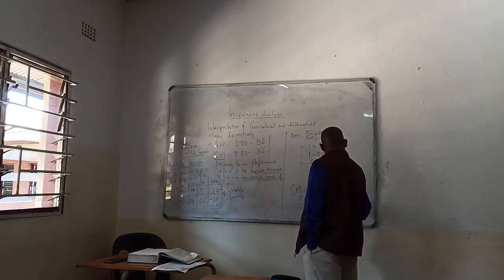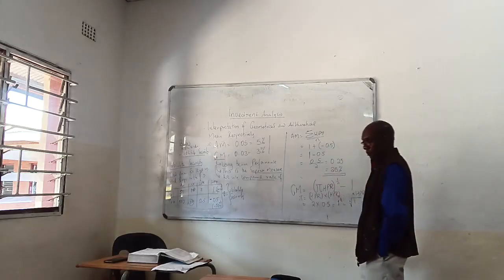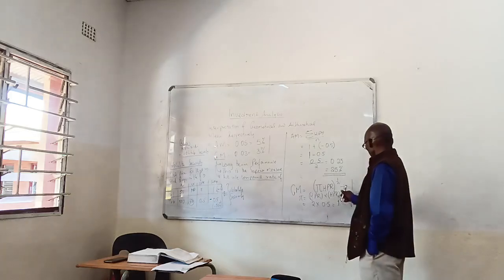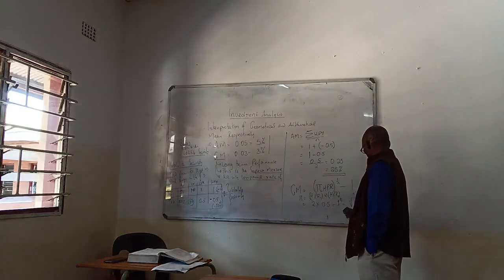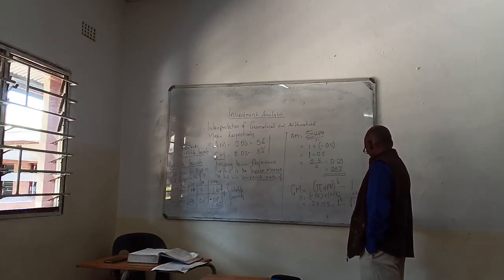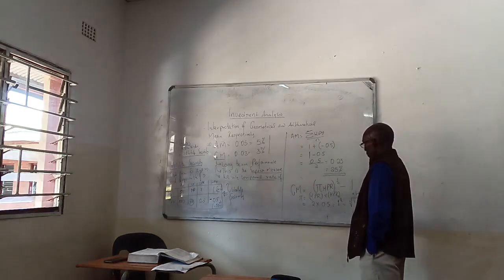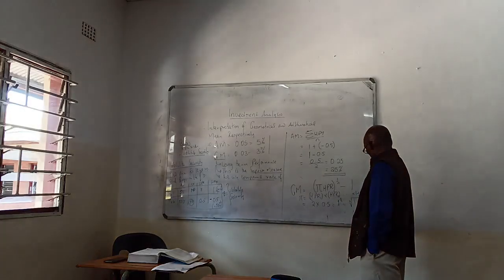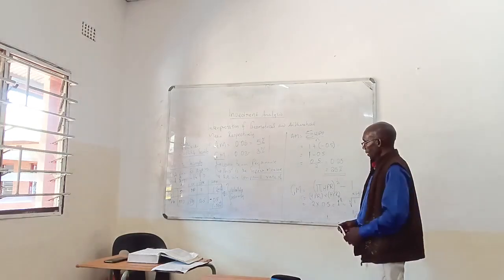The square root of 1 is 1. And then it is 1 minus 1, so the answer is equal to 0. So this is 0%.